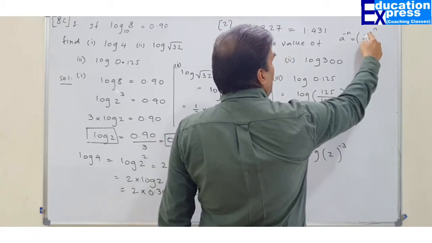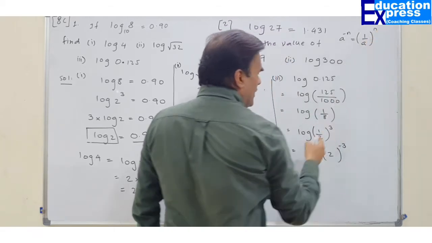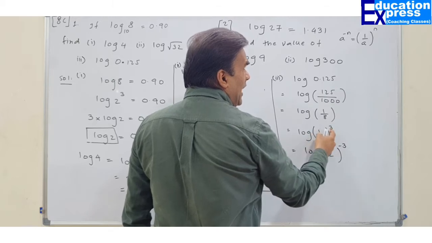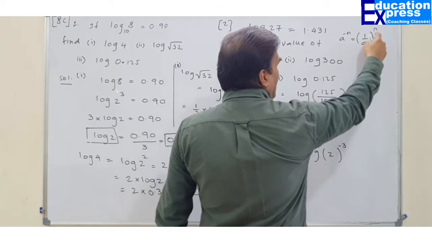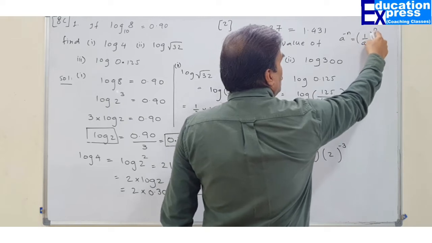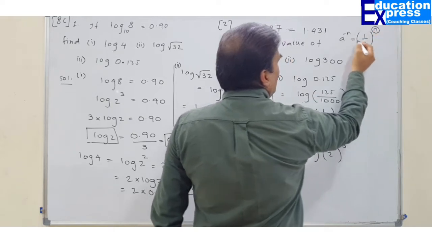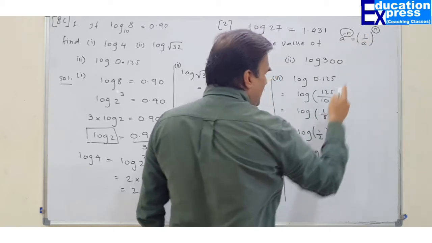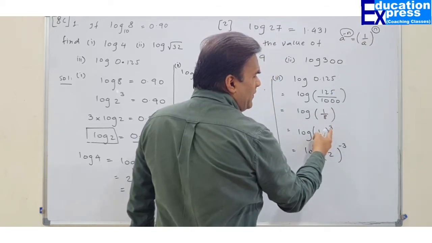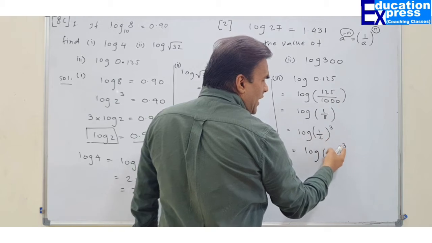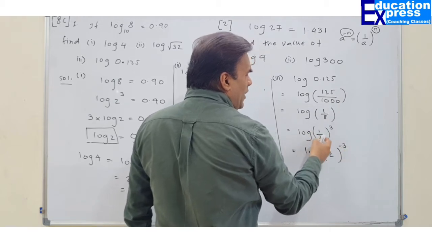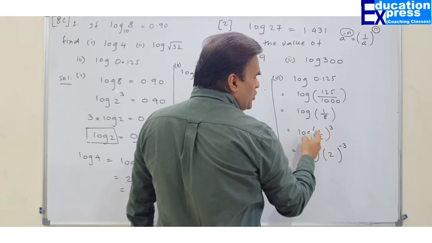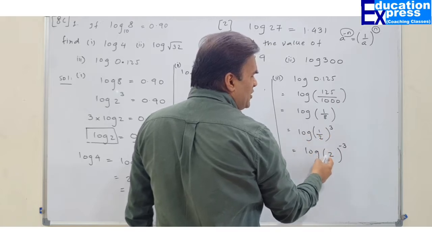So 1 upon a raised to n, this positive power can be converted into a negative power just by reciprocating it. I am converting into a negative power, so I need to reciprocate half. What is the reciprocal of half? 2. So I wrote the reciprocal of half as 2.